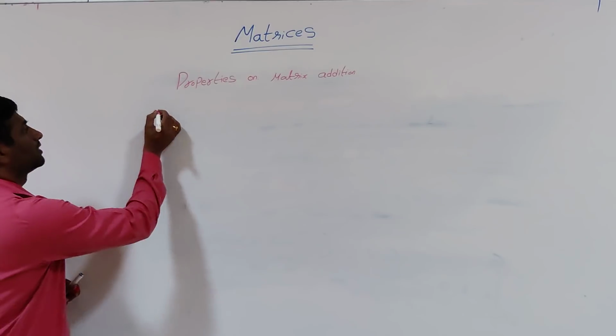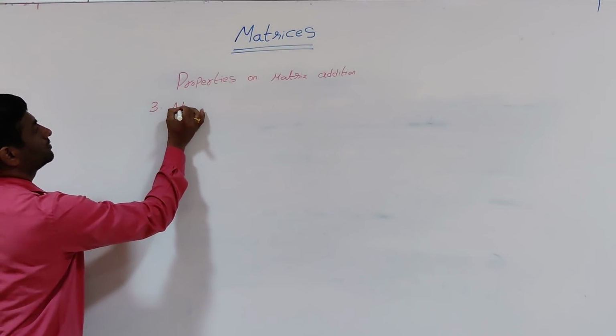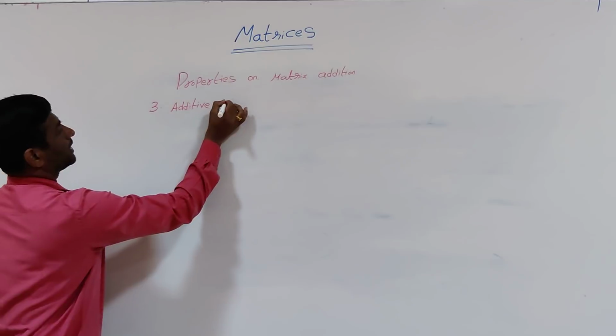Now we will see one more property, that is additive identity.